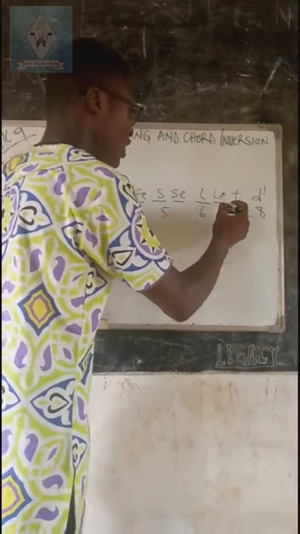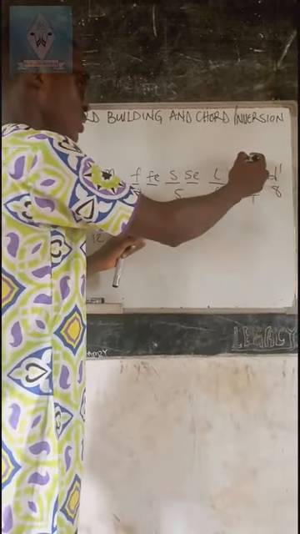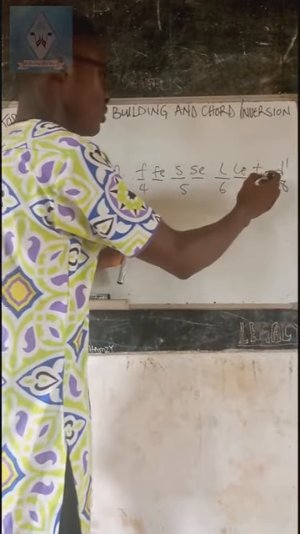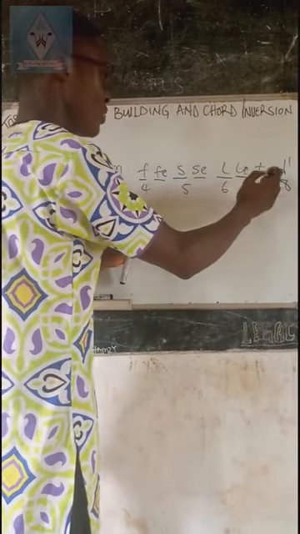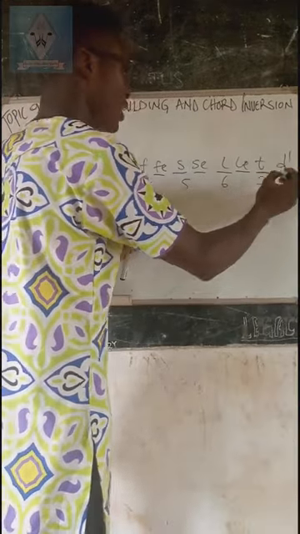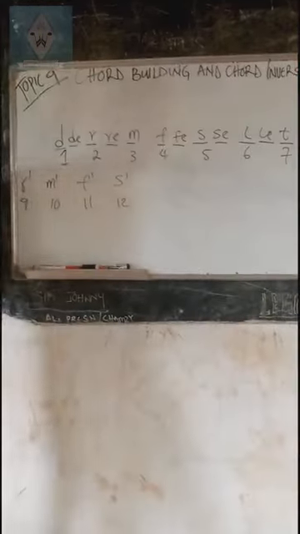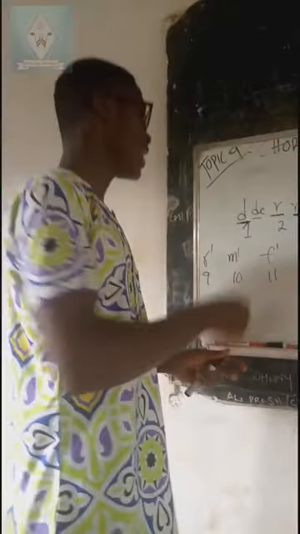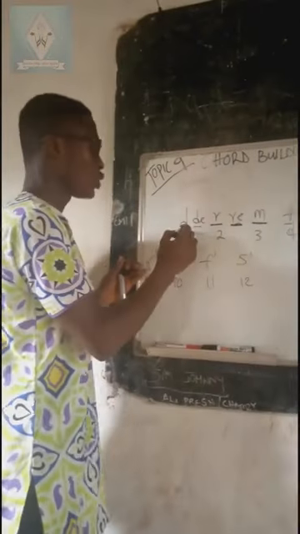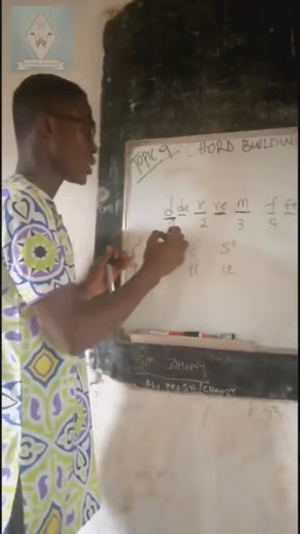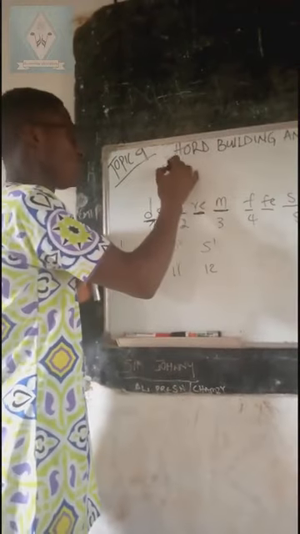This becomes the diminished seventh, reducing the seventh by a semitone behind. Diminished seventh, minor seventh, major seventh, and the eighth interval, ninth interval, and so on. Now looking at this, from the root to the minor second is just a semitone.